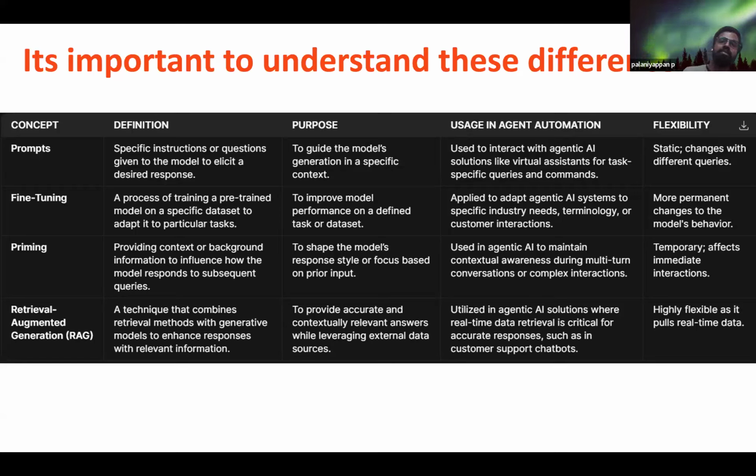For that, we need to know four different terminologies: prompts, fine-tuning, priming, and retrieval augmented generation. These four are the major backbone of any agent system. Maybe you can use one among them or two together to enable the LLM model to make the decision making and then make a process an agentic process, right?